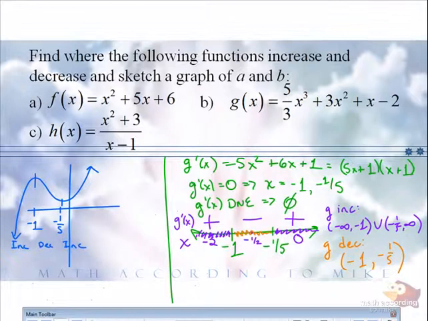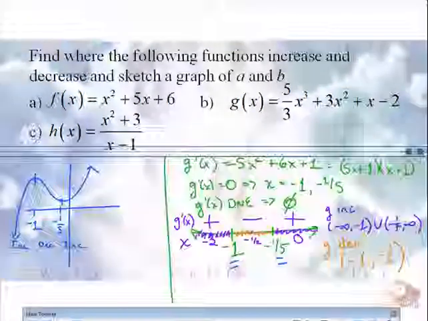As it's going to turn out, we're going to put the critical numbers back into the original function, and that will tell you the y coordinates. So we'll know exactly how high this point is and how high that point is. And then we're going to learn what shape to use. Which of the three increasing shapes do we use? Which of the three decreasing shapes do we use? So as of right now, we don't know how to graph it.